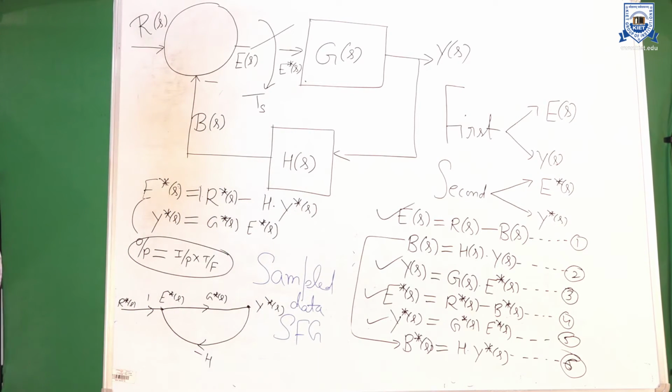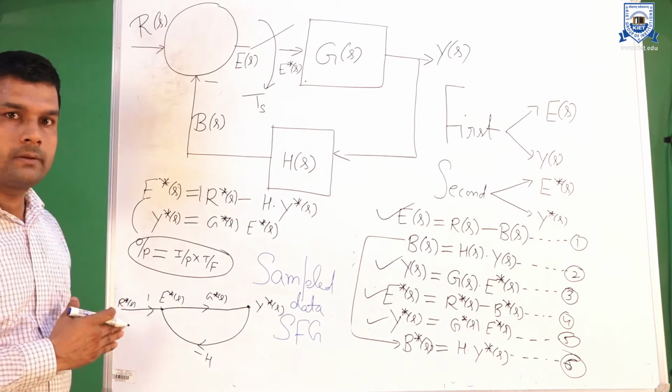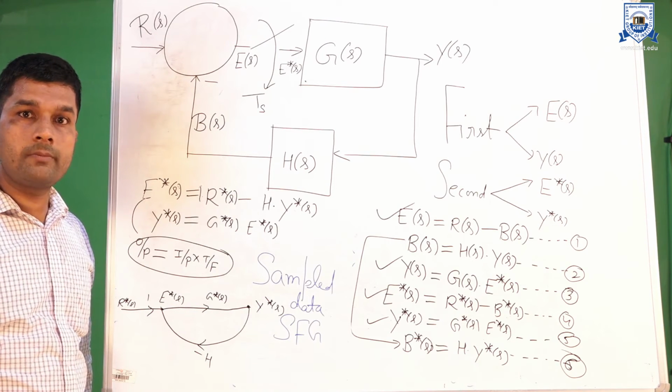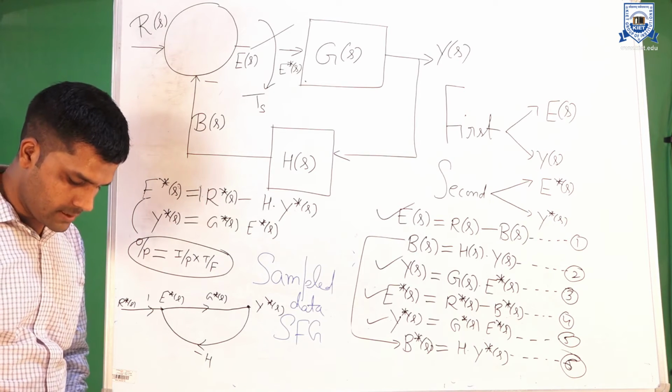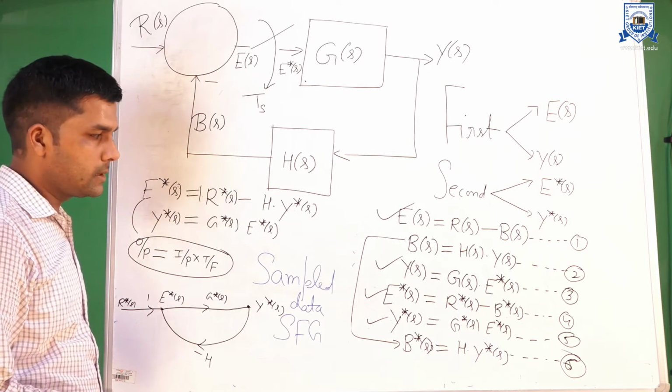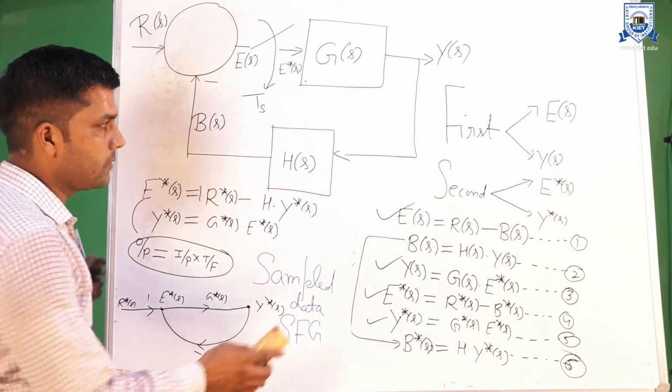How do we calculate the transfer function of the given sampled data signal flow graph? Using Mason's gain formula. We know Mason's gain formula is used to calculate the transfer function for the given signal flow graph.